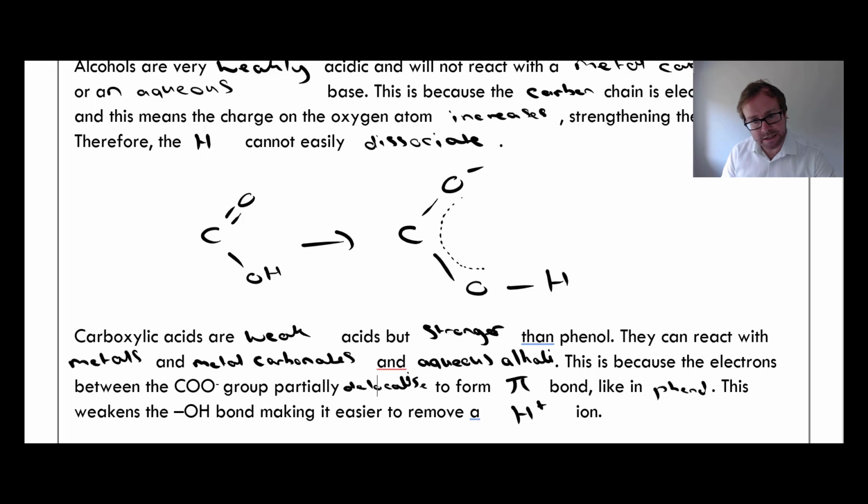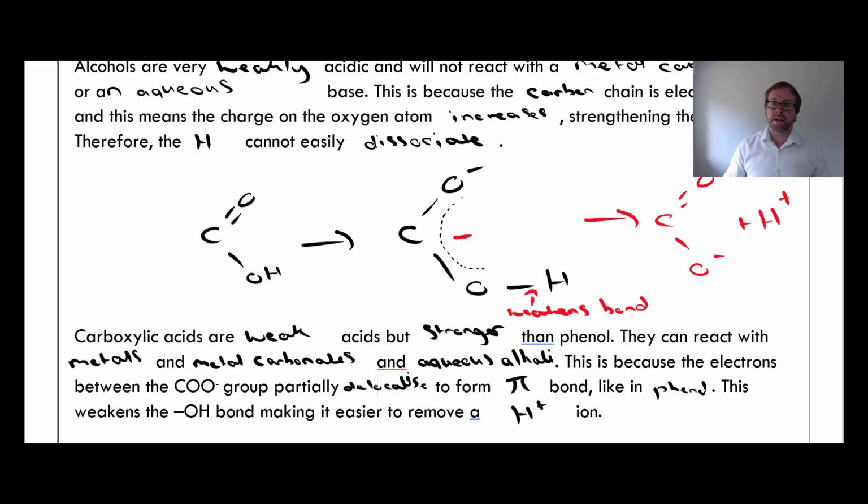So we have a negative charge in the middle, which means that this bond weakens, which means it's a lot easier to remove my H+. Therefore, it's a stronger acid than phenol, even though it's still a weak acid.